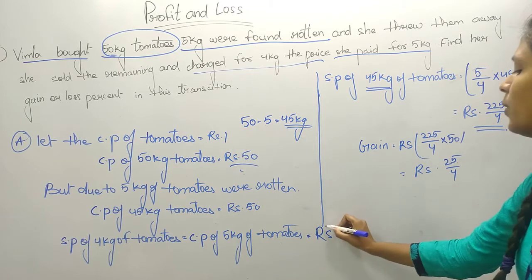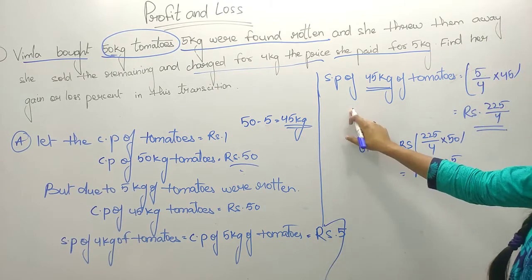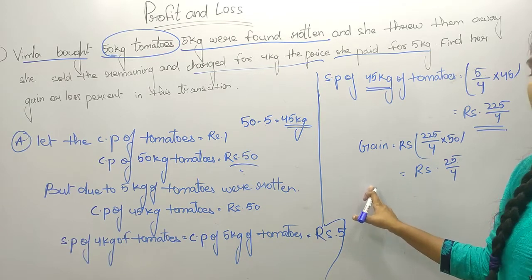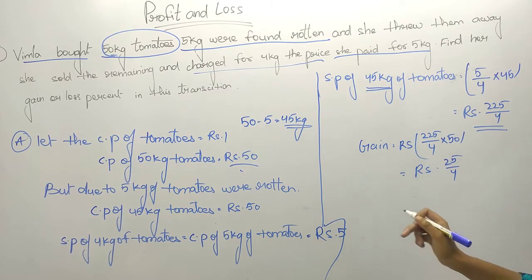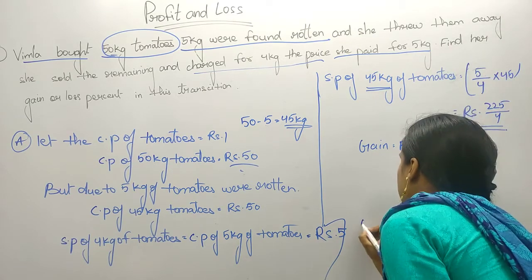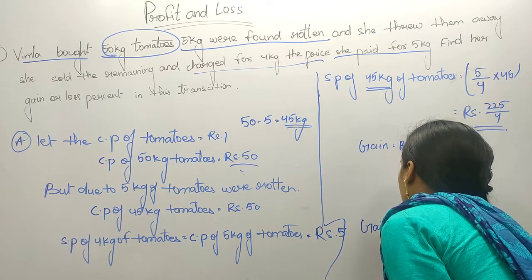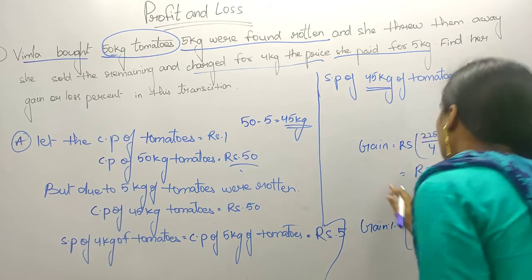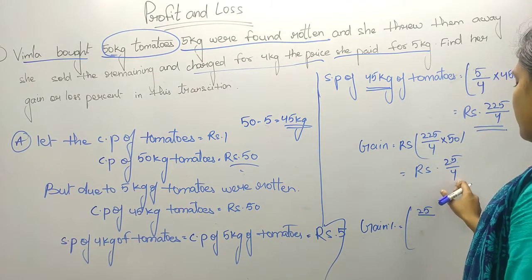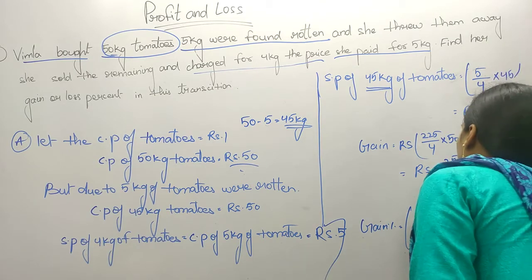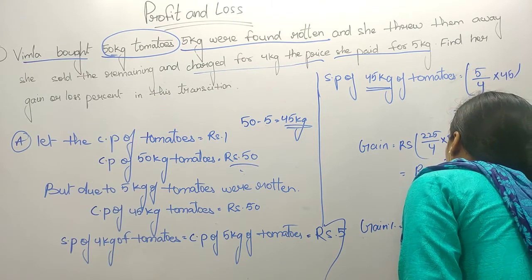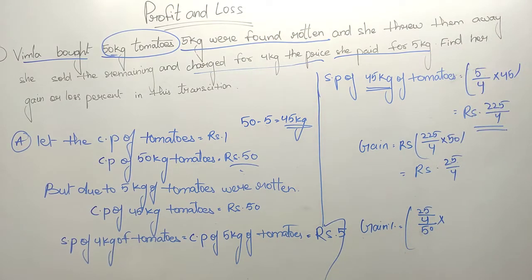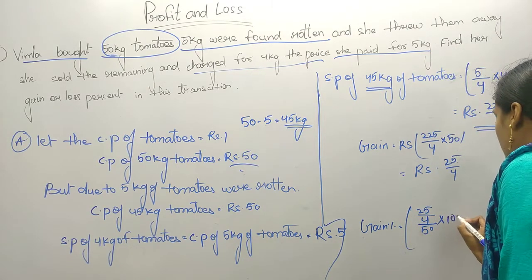Now we have already found the selling price of 45 kg. Finally, what do we have to find out? Gain percent. How will we find it? Gain percent is equal to gain, which we got as rupees 25 by 4, divided by 50, into 100.